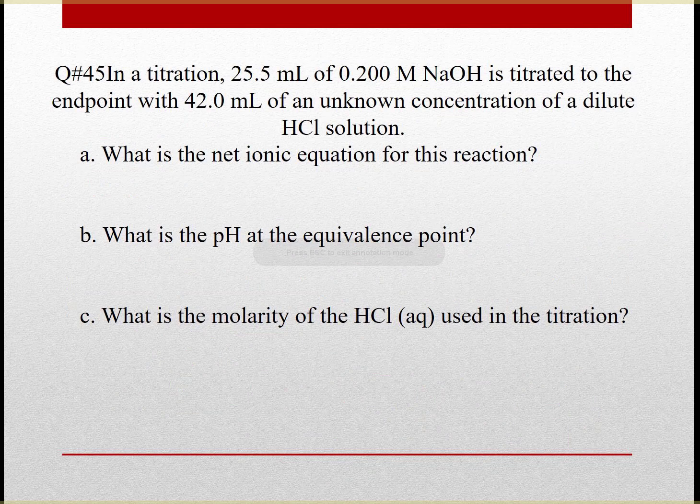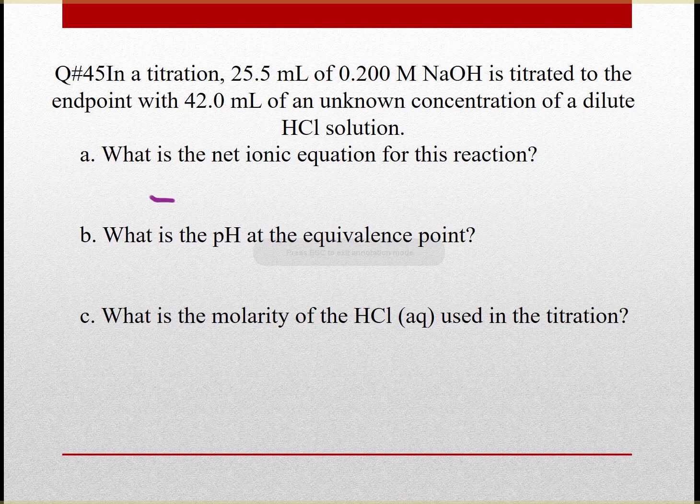In a titration, 25.5 milliliters of 0.2 molar base is titrated to the end point with 42 milliliters of dilute hydrochloric acid of unknown concentration. This is more specific. First, it asks for the net ionic equation for this reaction.